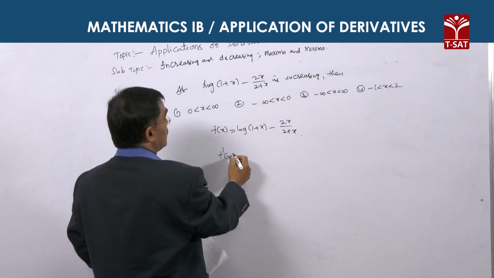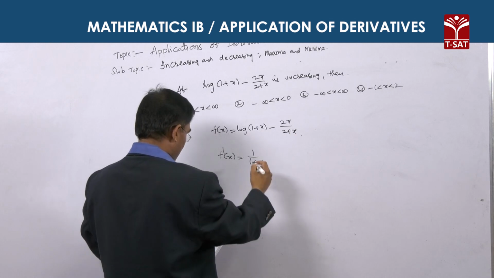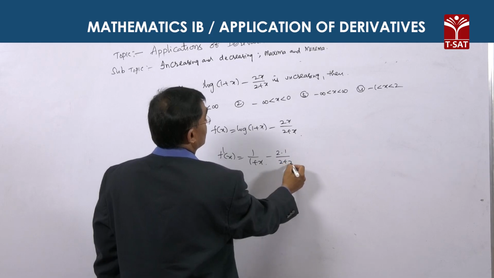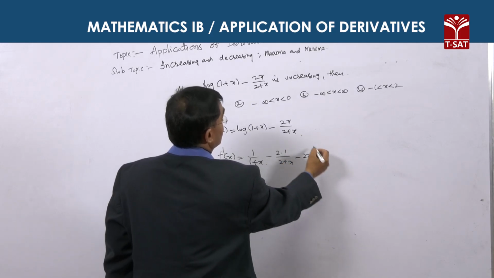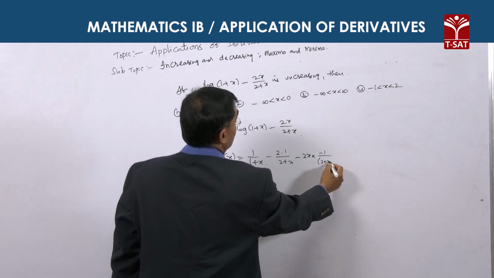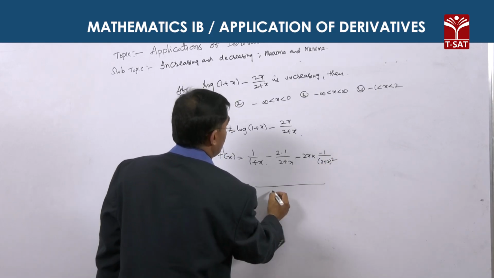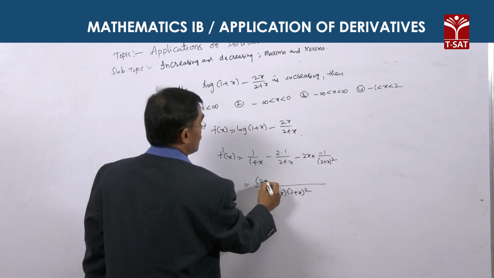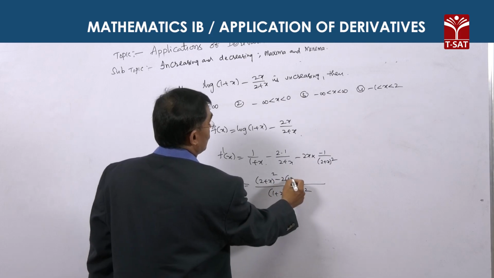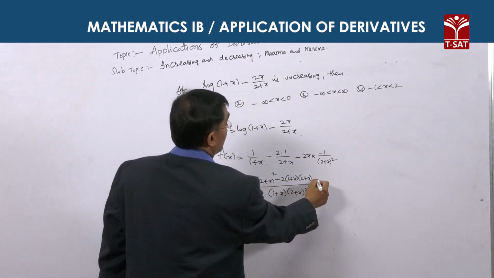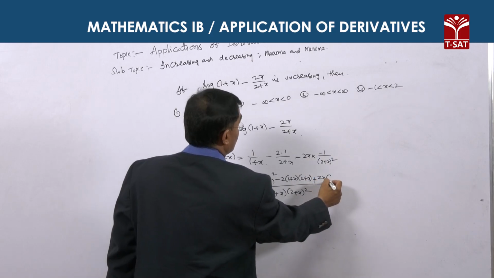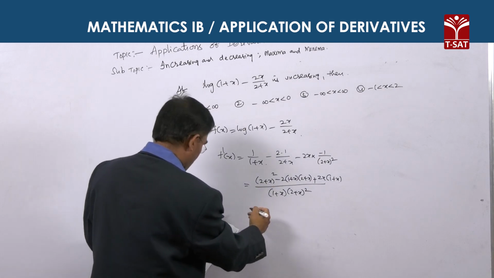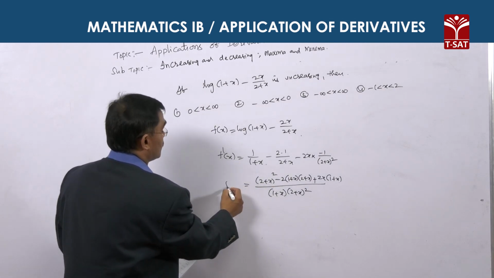First find the derivative. The first derivative is 1 by (1 + x), minus the differentiation of 2x by (2 + x), which is 2 by (2 + x) squared. The LCM is (1 + x) into (2 + x) squared. The numerator is (2 + x) squared minus 2 into (1 + x) into (2 + x), and minus is plus 2x into (1 + x). Simplify all these values to get f'(x).